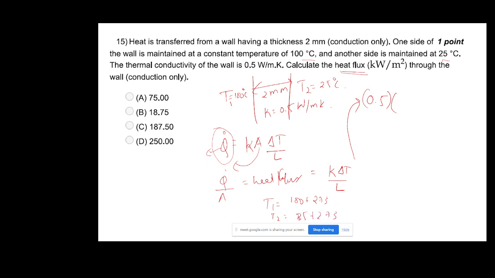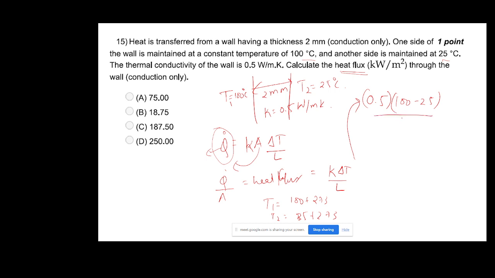At the end, since it is just the difference, 273 will cancel from both. So we can directly put up 100 minus 25. Otherwise, you need to take care of which unit you are using. I will show where you have to take care of this.